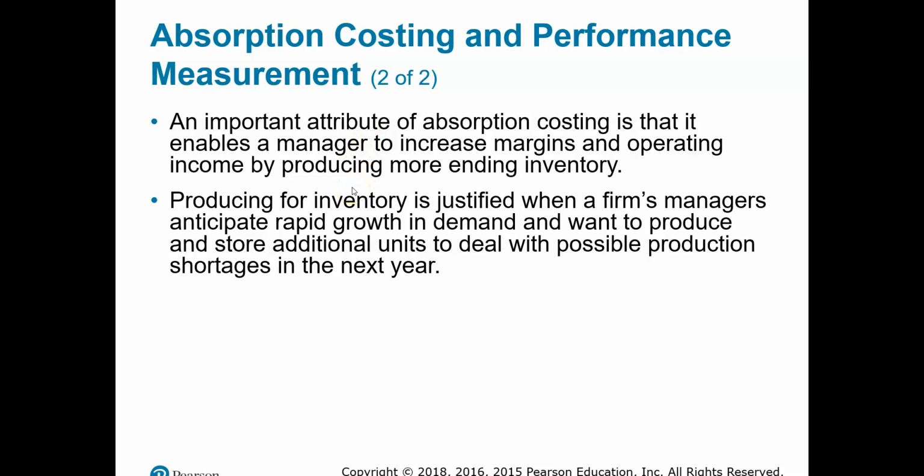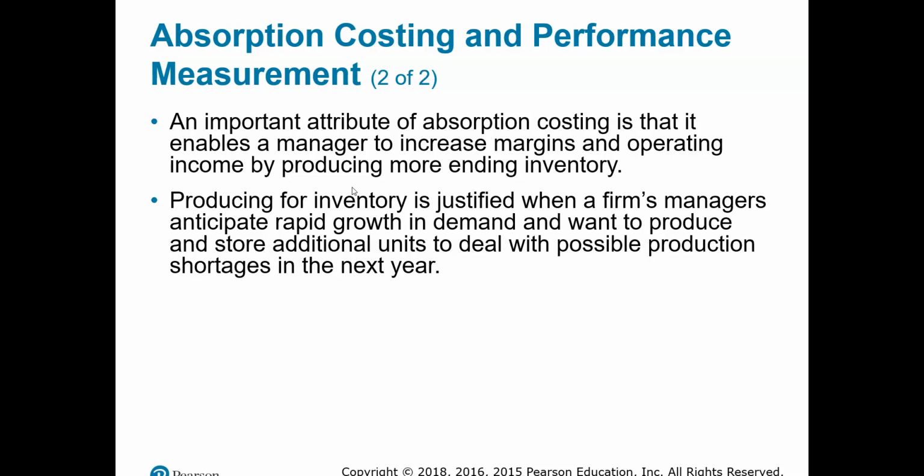Now, with this, we have to take note that absorption costing allows a manager to increase margins and operating income by producing more ending inventory. Why? Because remember, the fixed manufacturing cost per unit decreases the more production increases.